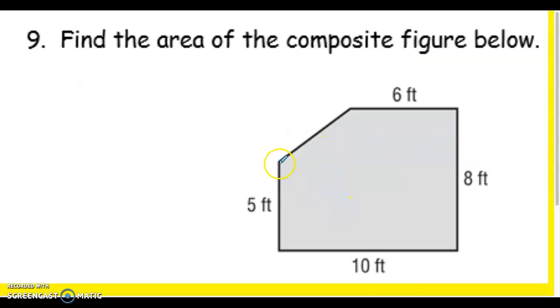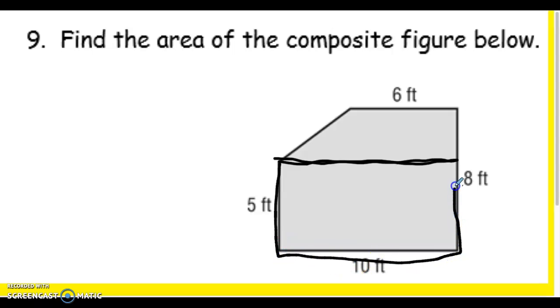Okay, this is a composite figure, and what I would recommend is you draw a line like this. You find the area of the rectangle by doing 10 times 5. Okay, 8 is this whole distance. So that's what 8 represents here. And then the trapezoid has bases of 10 and 6, and you just have to figure out the height.